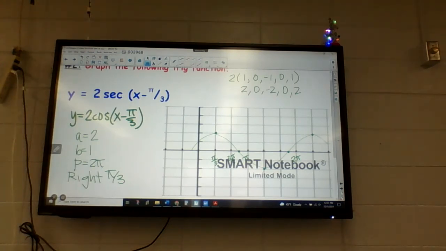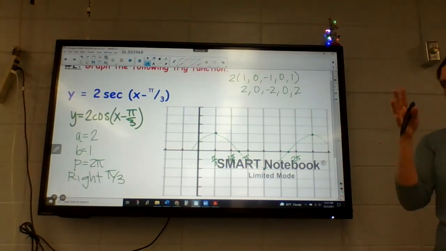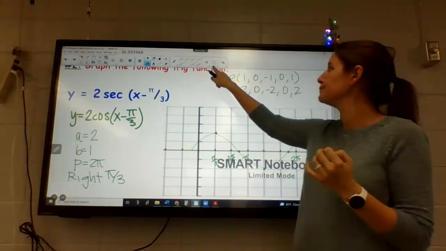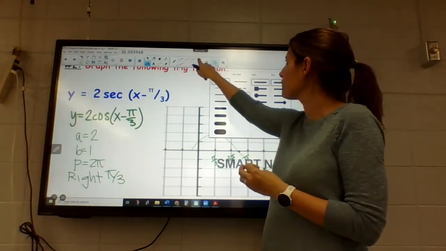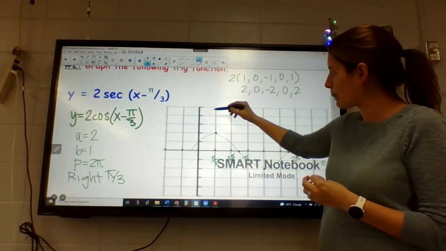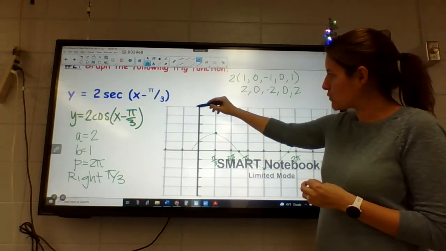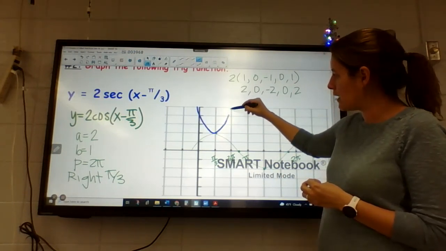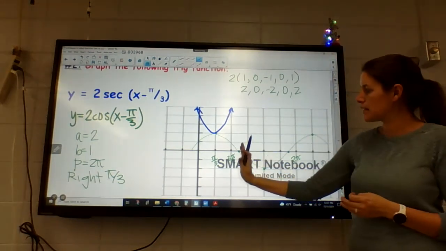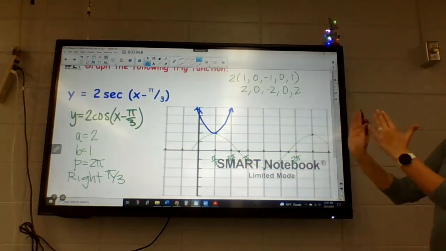So once I have my dotted lines, again, the shift makes this even tougher, but now I'm able to draw my actual secant graph. So, real lines here. And again, I just want to stay within where it hits 0. So I'm trying to stay before it, kind of a boundary line there.